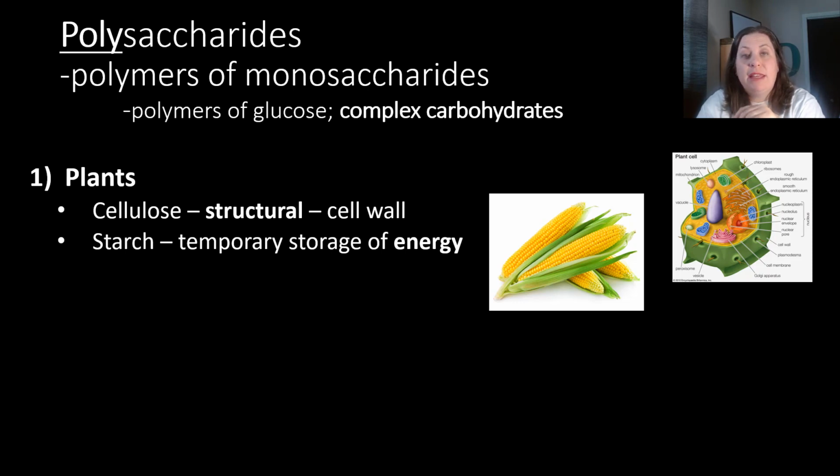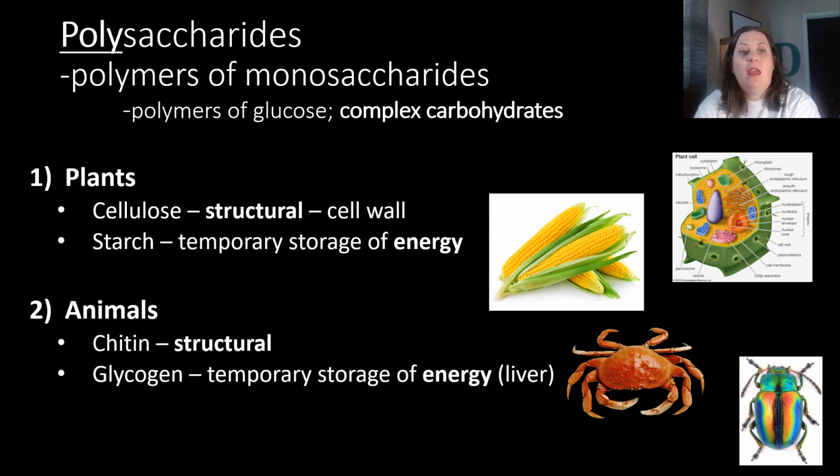So when we talk about plant cells, their cell wall is made out of cellulose. Starch, on the other hand, is the sugar that they store. So they put a bunch of sugars together, store it up for use for later. And they do this by completing photosynthesis to make these sugars. Guys, this is like in a potato. When you pull that potato out, you are taking the energy source of that particular plant.